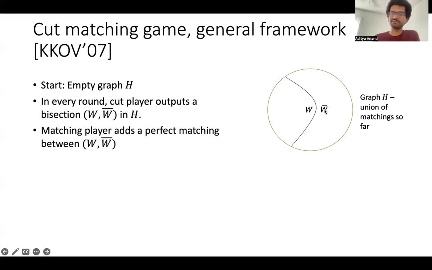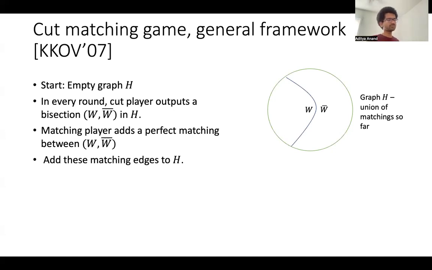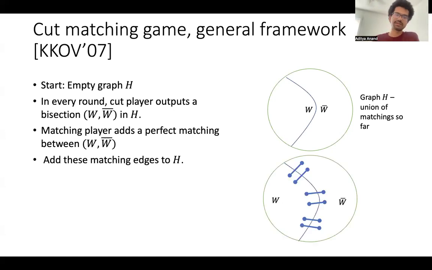So you have to choose a bisection. And then the matching player takes this cut and adds a perfect matching of the vertices across this cut. The matching player can choose any perfect matching between the vertices on the two sides of this cut and add it. Then these matching edges get added to H. And we repeat. That's how the game proceeds.